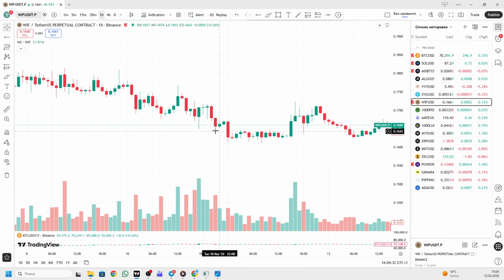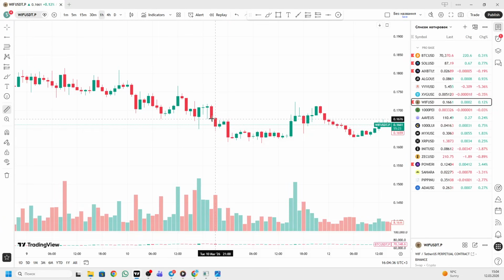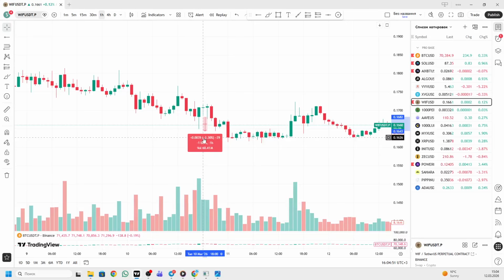So let's measure it here as well, this one. 2.3. So what we can see here, what does that tell us? It tells us that at the moment, AIXBT was significantly more volatile than VIF.